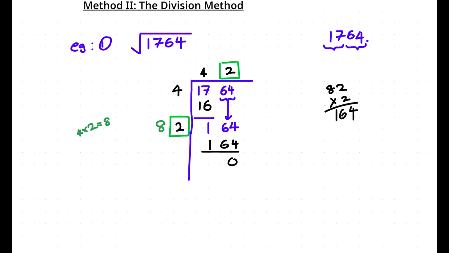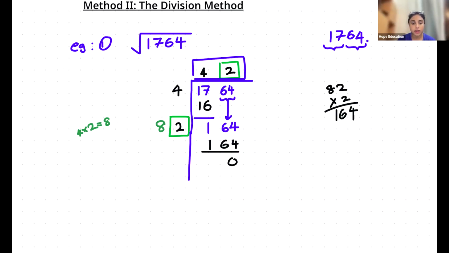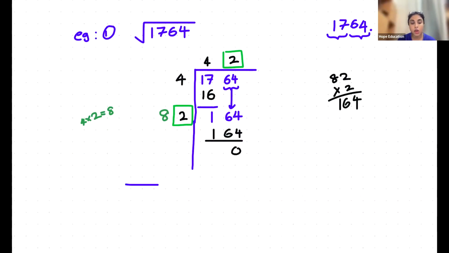Okay, great. Now we get a perfect answer and the remainder is 0. Therefore, whatever value I get here is the answer. So the square root of 1764 is directly 42.